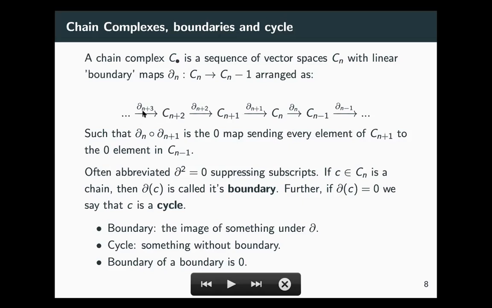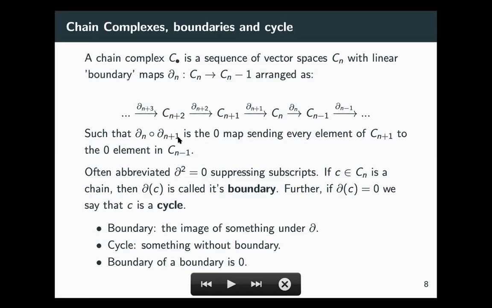And so we have these vector spaces, we have these linear maps going down and down. And we want one more requirement, and that's that if I start here, go here through the first map, and go here for the second map, I end up at 0. And if I start here, go here, and go here, I end up at 0. That doesn't mean I end up at 0 in here. Most of the time you won't, but I need to end up at 0 by the time I'm done.